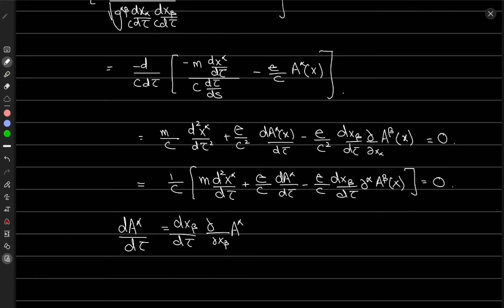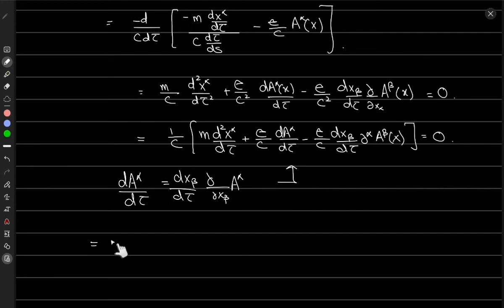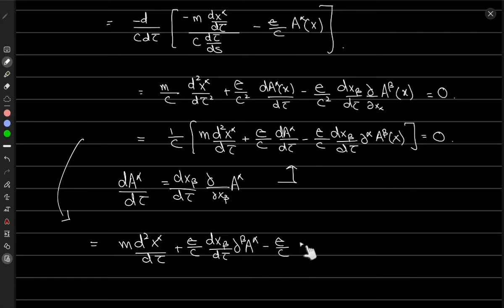Now let's use this in this equation that we have upstairs, and so putting this back in there, this equation becomes 1 over c, and that c would cancel out, so this would become basically m d squared x alpha over d tau squared plus e over c dx beta over d tau partial beta A alpha minus e over c dx beta over d tau partial alpha A beta of x, and this is equal to 0.